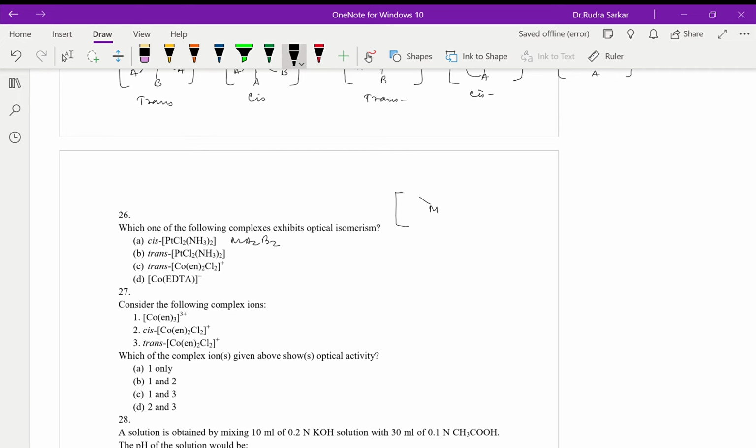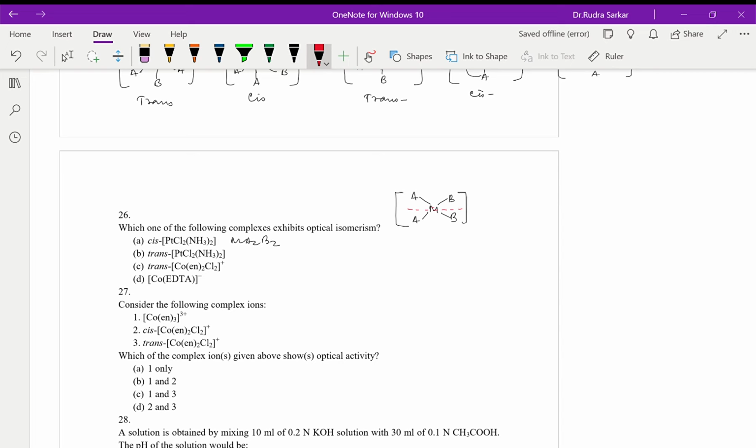So cis means two similar donor atoms are placed on the same side of the square plane, and the other two also occupy the same side. This will have a sigma plane of symmetry passing through the square plane, cutting the spherical donor atoms into two halves, or one can consider one plane going like that. So no optical activity.